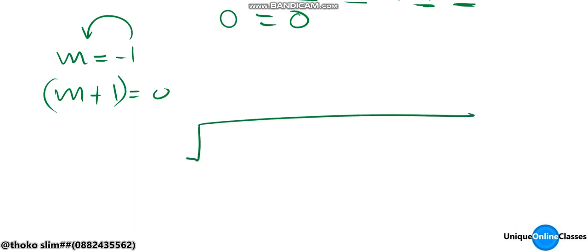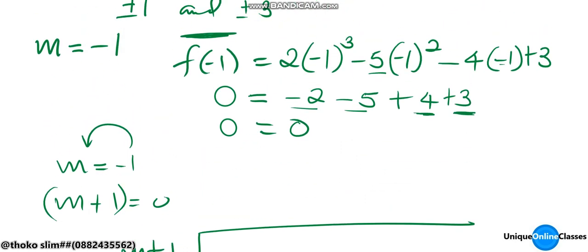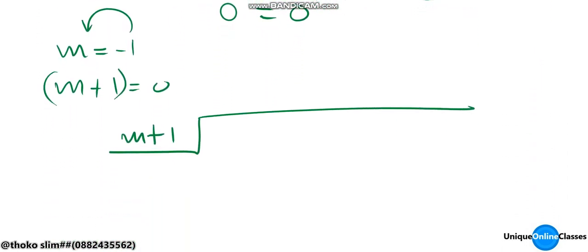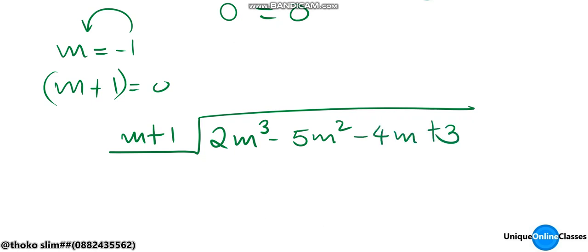We have our divisor, which is m plus 1, and here our polynomial, 2m cubed minus 5m squared minus 4m plus 3.